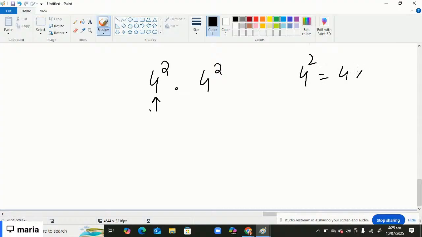This means you are going to multiply 4 with itself 2 times. Okay, 4 times 4 is 16. Now here 4 times 4 is 16. That is the meaning of 4 to the power of 2.